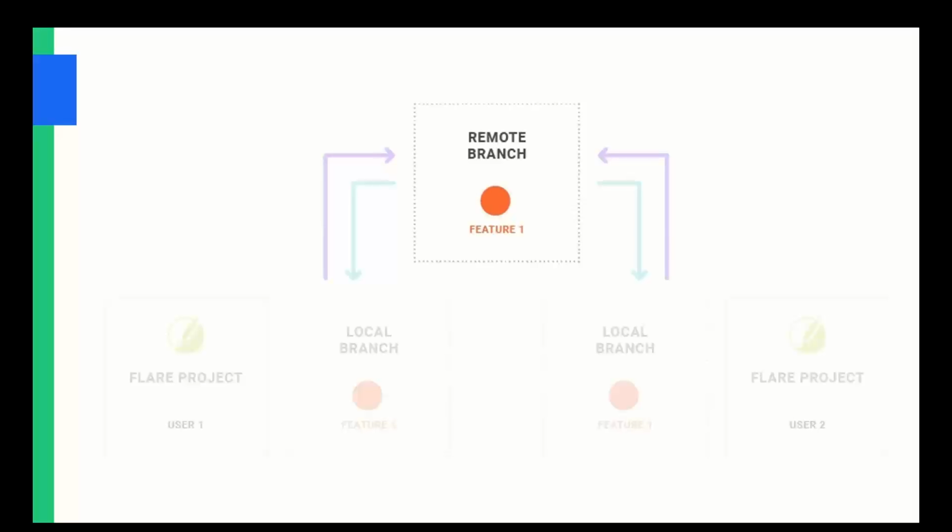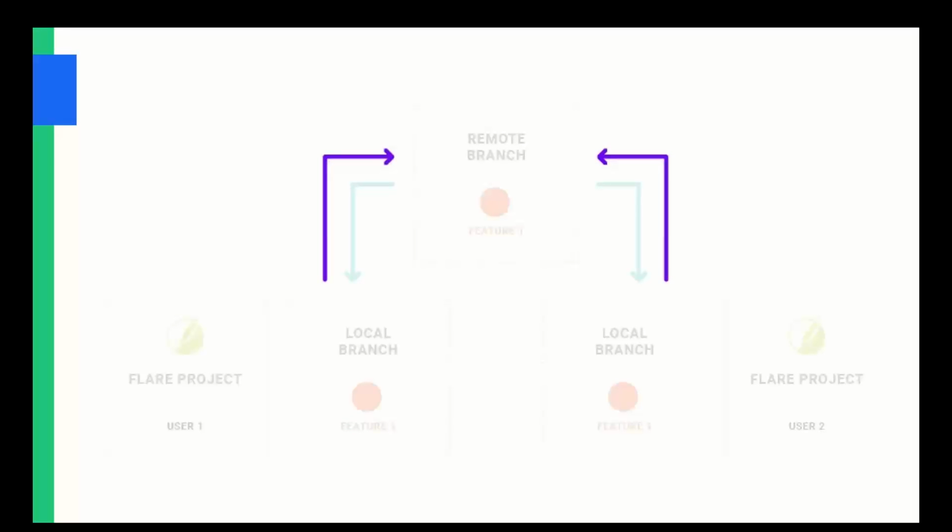They're both documenting the same feature for an upcoming product release. Well, from time to time, each author needs to pull changes from the remote version of that branch in case there are changes in the branch from the other author. And periodically, each author needs to push their changes from the local branch up to the remote branch.